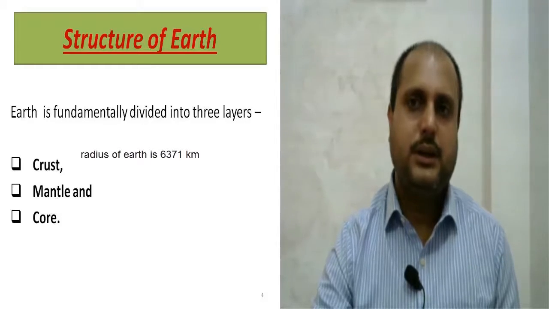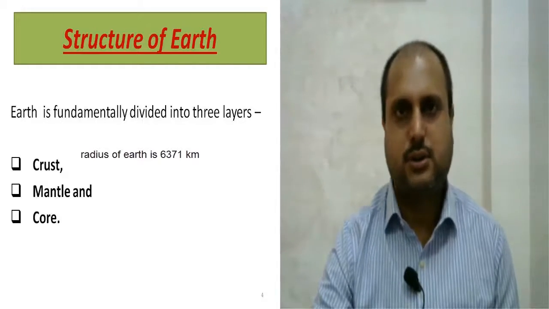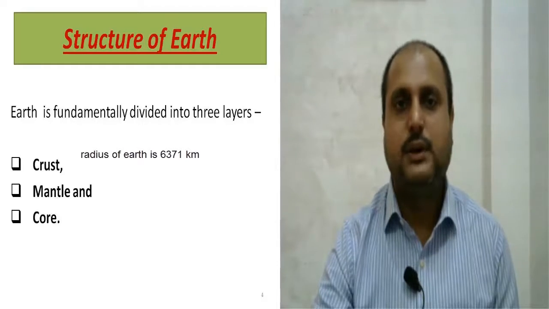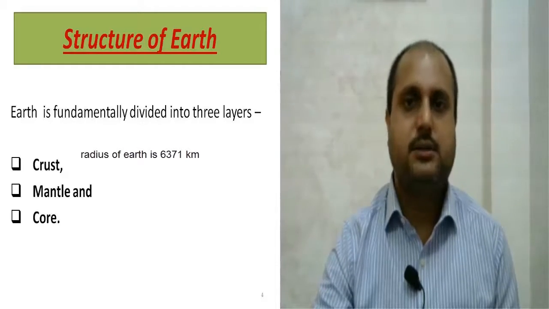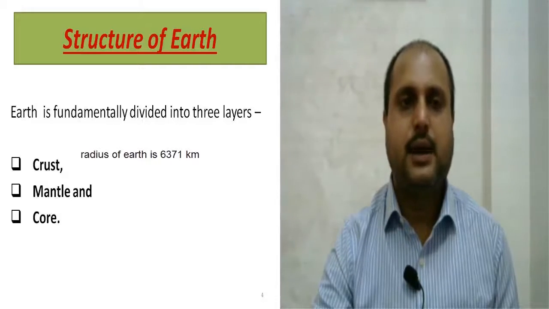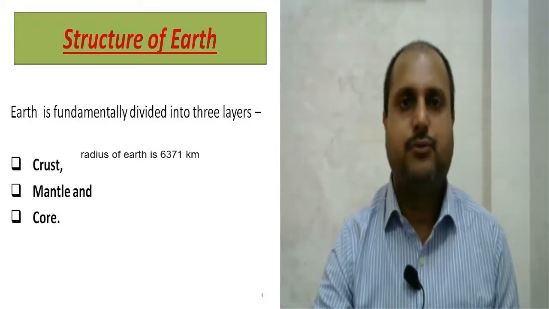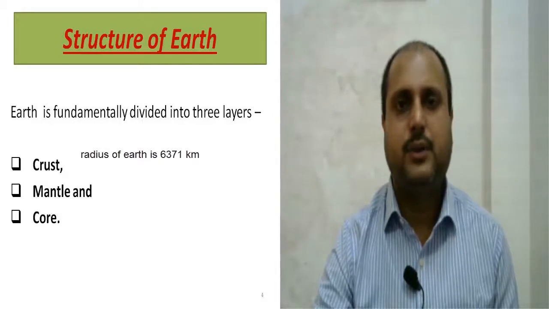Now, if we try to analyze the internal structure of the Earth, no one has actually seen it. We can only imagine it, because the inside of the Earth is so hot that it can melt any type of metal into liquid. So far, humans have entered only up to 15 kilometers depth.